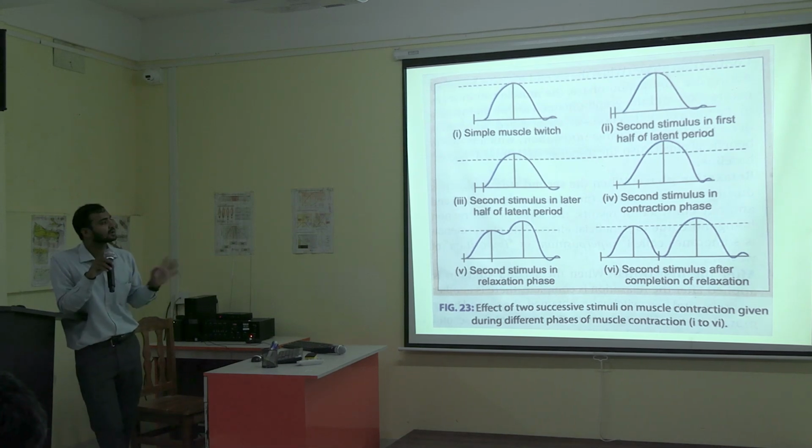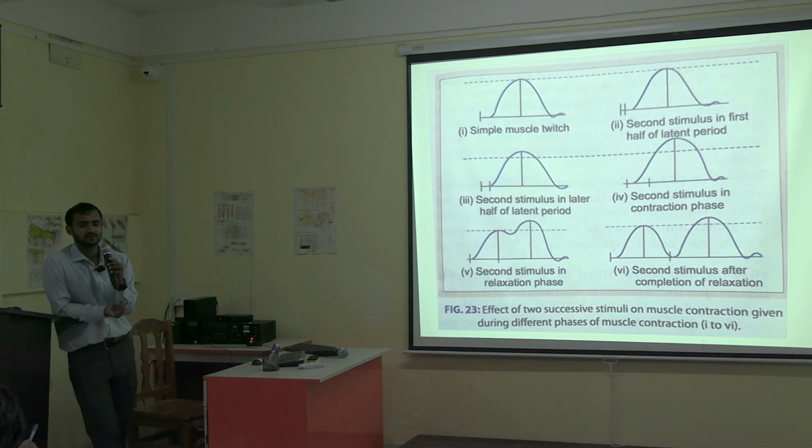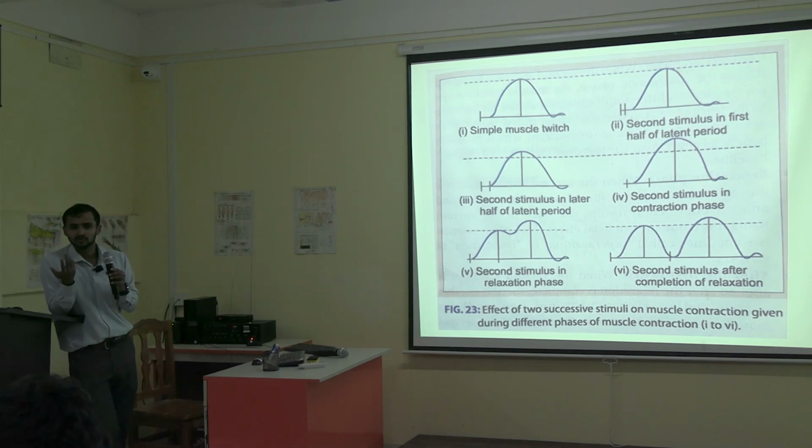Okay, and what are the factors on which the contraction and the relaxation of the muscle depend? The first one is temperature. Okay, on successive stimuli there is more increase in temperature, so it will give more contraction. Then viscosity, then calcium ions. What is the mechanism? It has to get released from the sarcoplasmic reticulum.